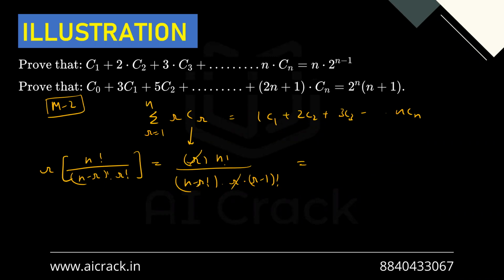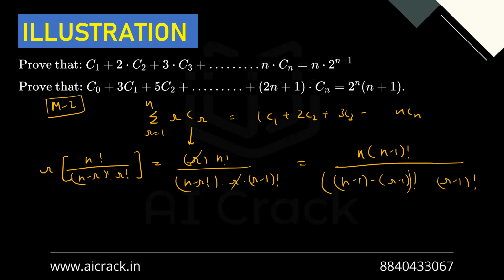Now I can write this entire term as n times n minus 1 factorial by changing this into this, and by changing this into n minus 1 minus r minus 1 whole factorial multiplied by r minus 1 factorial. This is nothing but this only, n minus r minus 1, right?